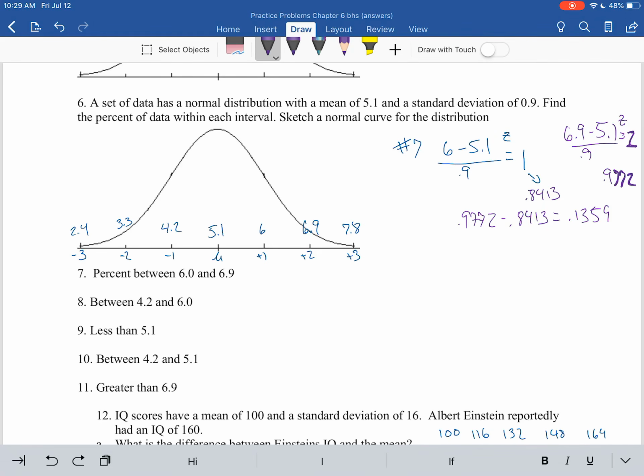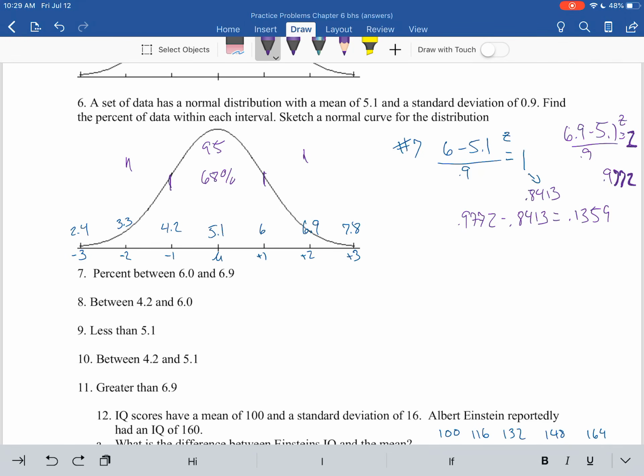However, you can look online, and what we do know is from our 68, 95, and 99.7 rule that the total area between 1 and -1 is going to be 68%. From 2 to -2 will be 95%, and from 3 will be 99.7.